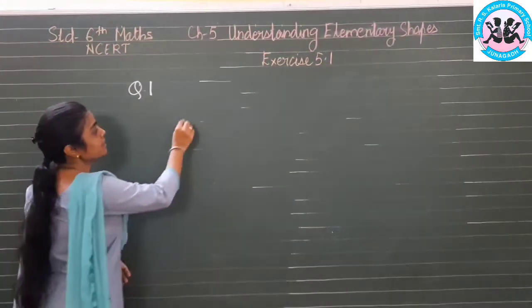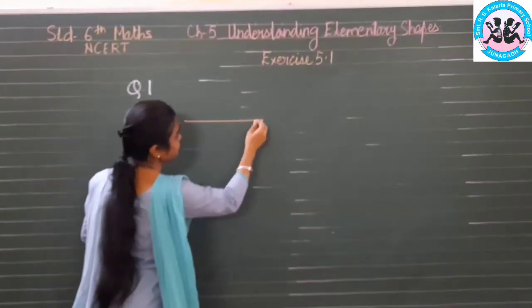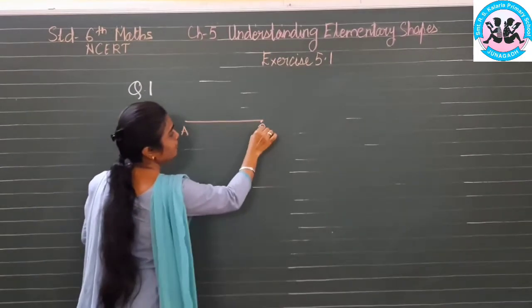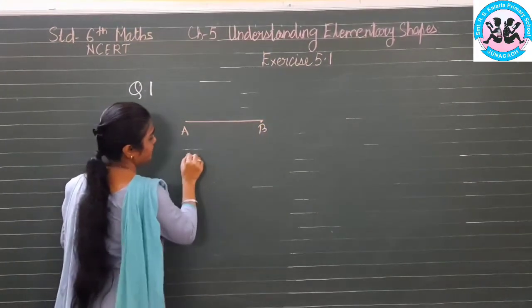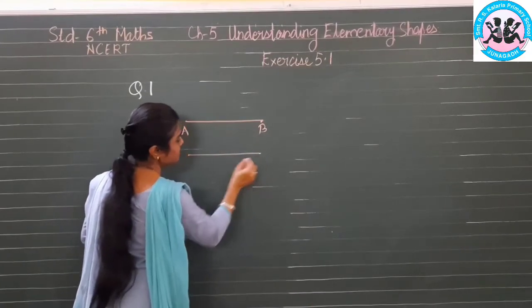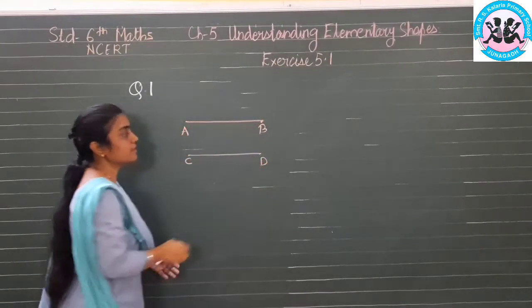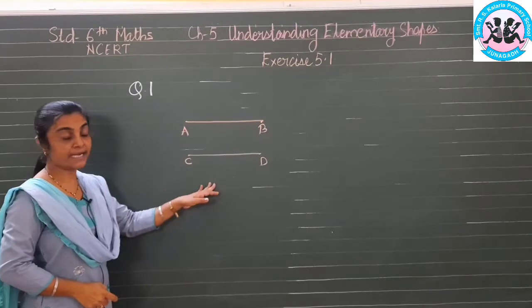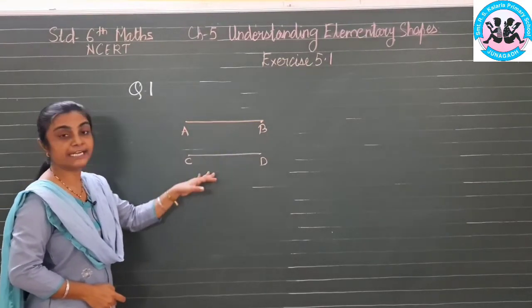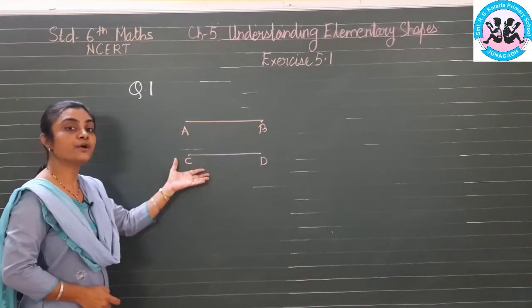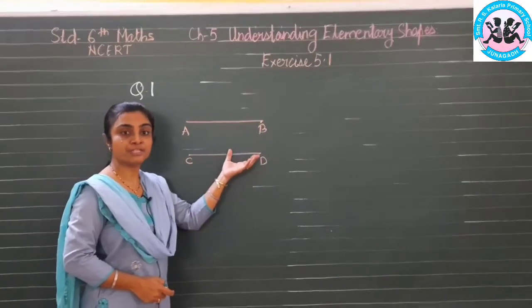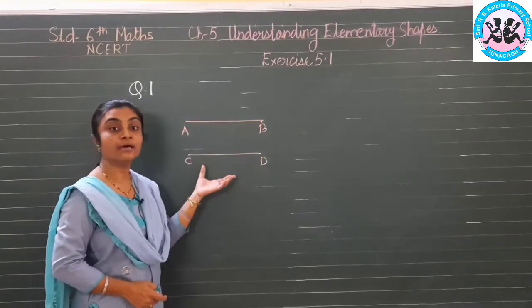Now let us see. Suppose this is a line segment AB and this is a line segment CD. Here we can just compare which line segment is greater or smaller, but we cannot get the exact measurement of a particular line segment.